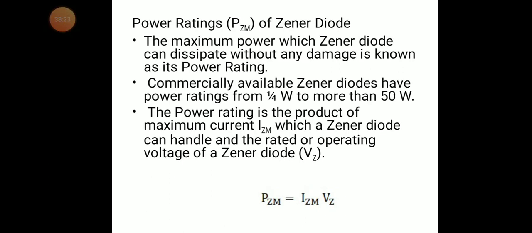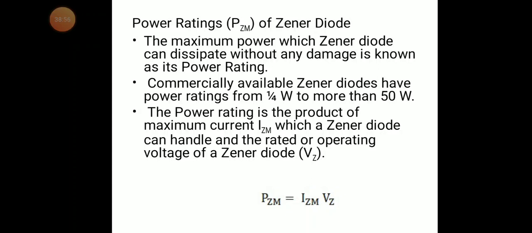The same thing applies here: we need to know how much power we should apply to this Zener diode. What is the maximum amount of power we can apply to this particular device? Otherwise, if you apply excessive power, the device may be short circuited, or damaged, or may burn itself.